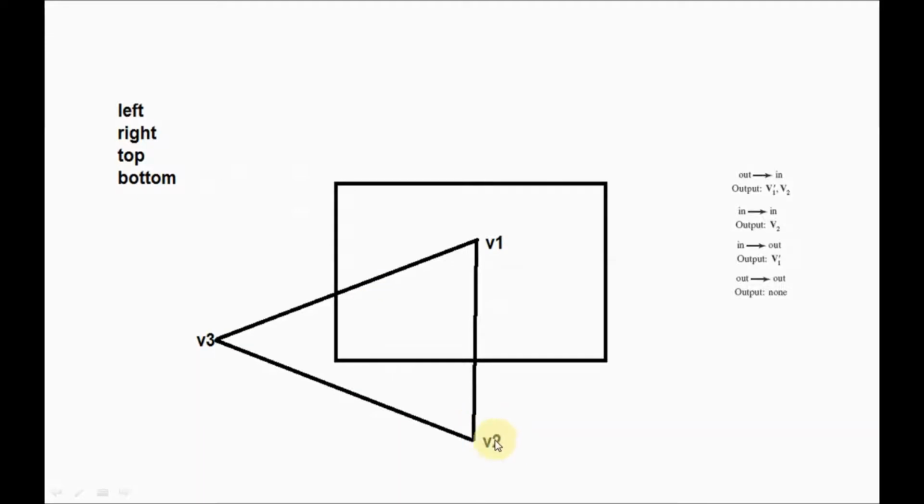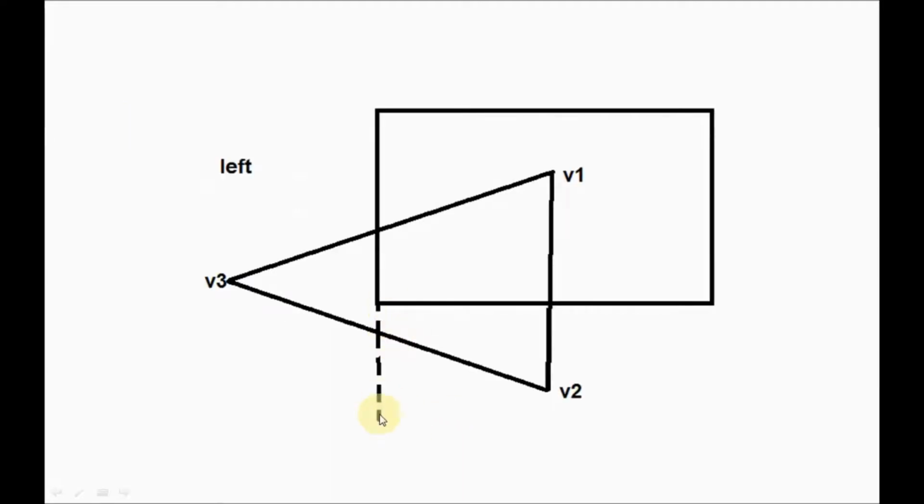But when I extend my clipping window up to this, V2 will also become inside. Just remember that V2 is also inside now because I extended the clipping window, shown by the dotted line.